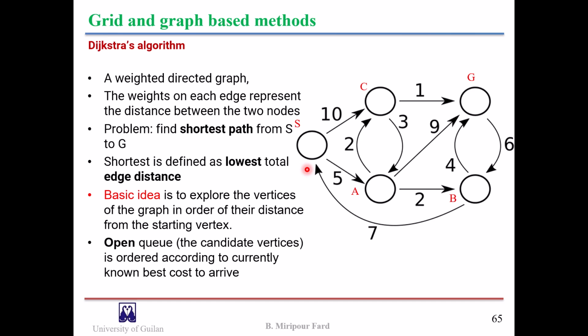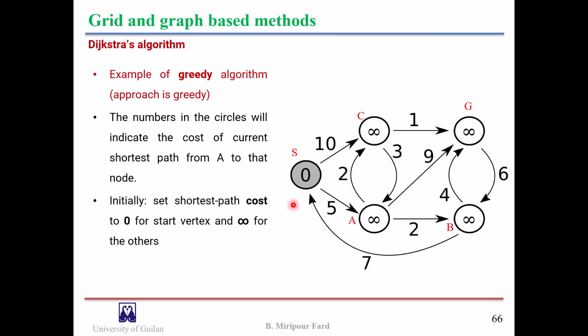The basic idea of Dijkstra is to explore the vertices of the graph in order of their distance from the starting node. The open queue, which are the new candidates, is ordered according to the currently known best cost to arrive. The approach of solving this problem is a greedy approach.